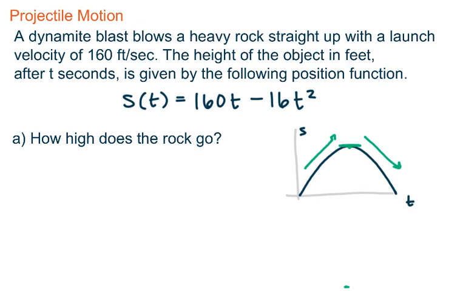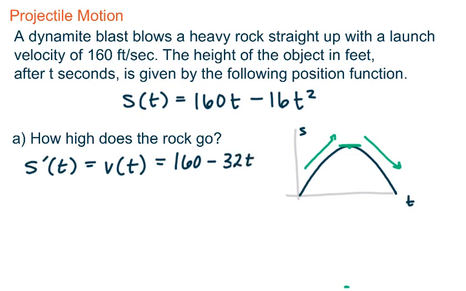So in order to do this, we would say, well, S prime of t equals my velocity function, and that is 160 minus 32t. And I just did that by taking the derivative and using my power rule. So if we want to know the max height, it is going to occur when the velocity is equal to 0.